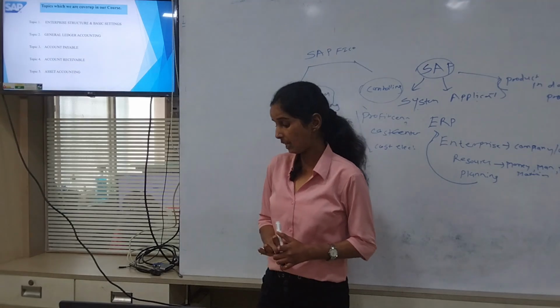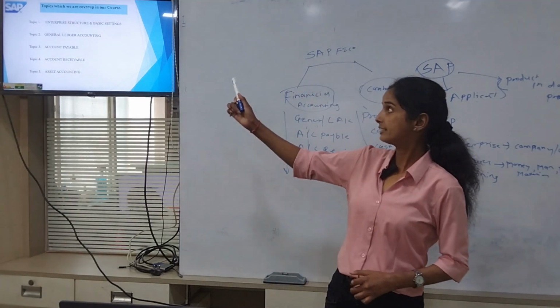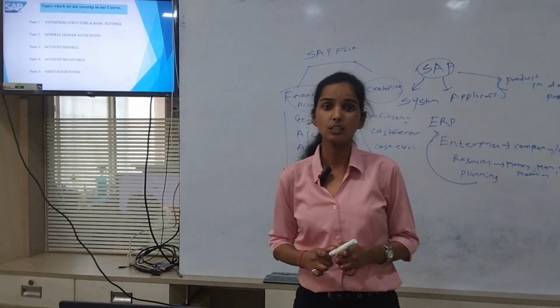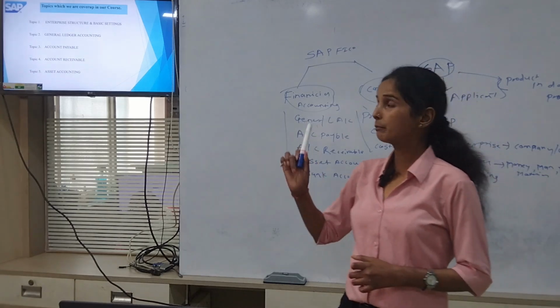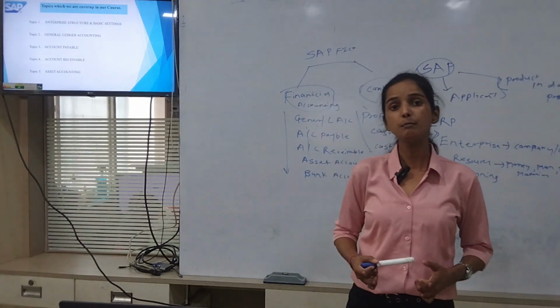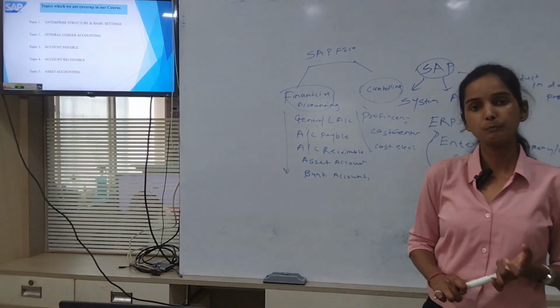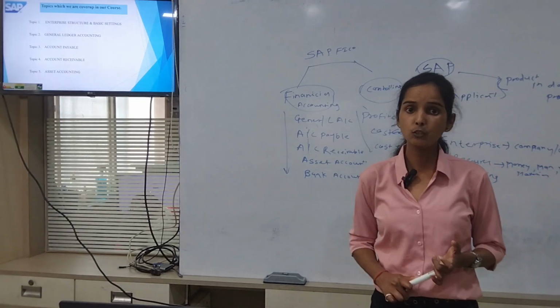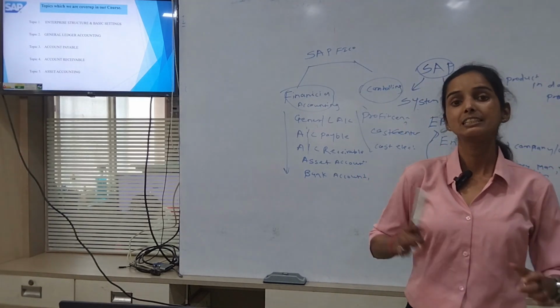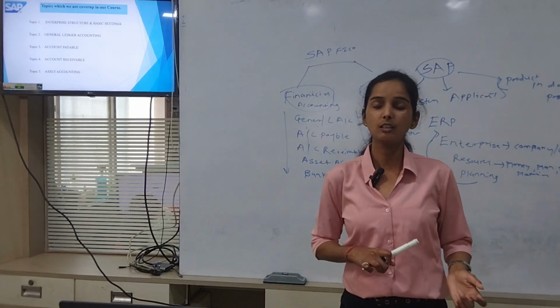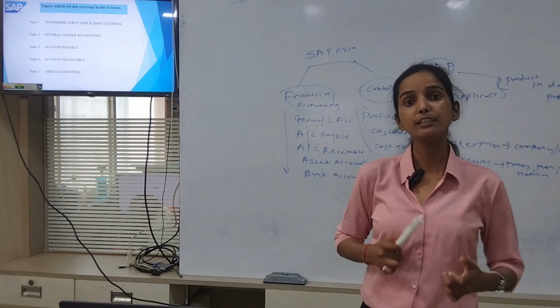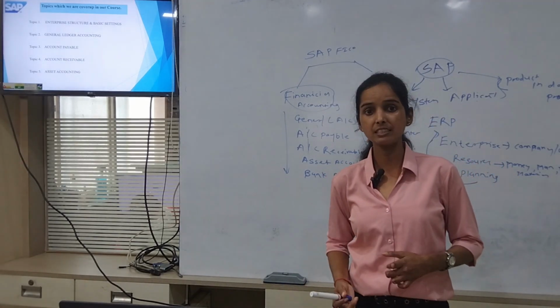So these are all the topics covered in our course. First is enterprise structure and basic setting. In it we are going to cover the definition of company, then definition of company code, meaning of company code, then assigning company code to company, then definition of business area, what is business area.